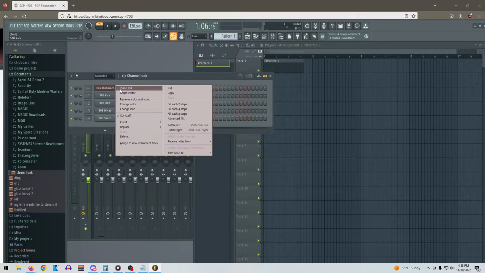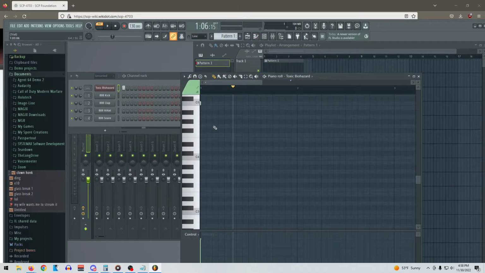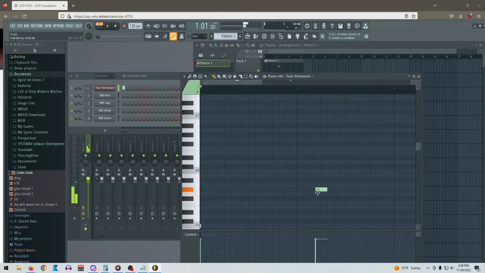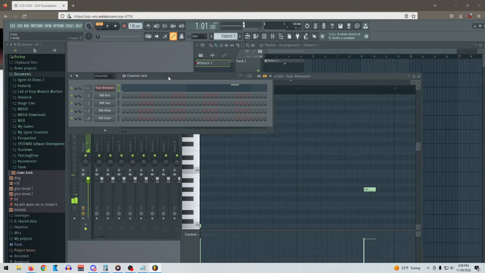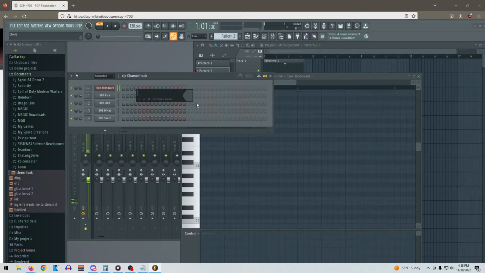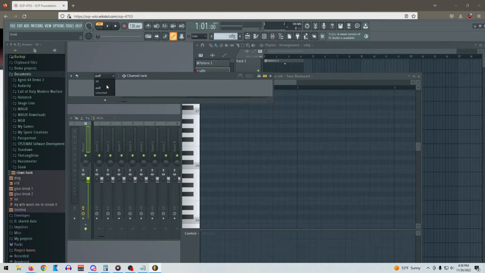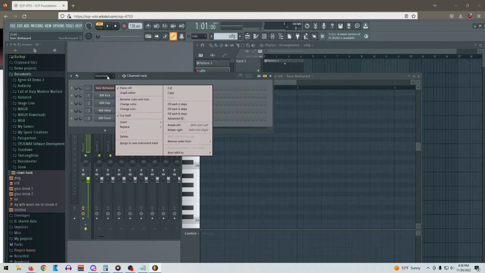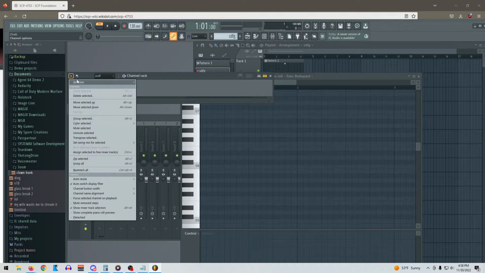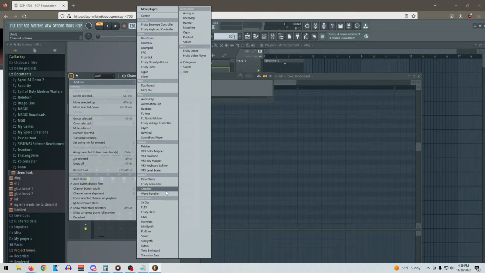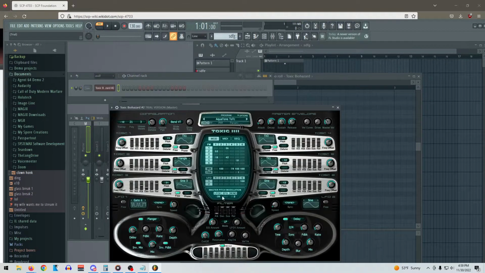So let's go ahead and enter the piano roll. Where is that one? F4? Thank you. Where's the one I just did then? Oh well. Okay, and then add one, and we'll add a toxic biohazard.